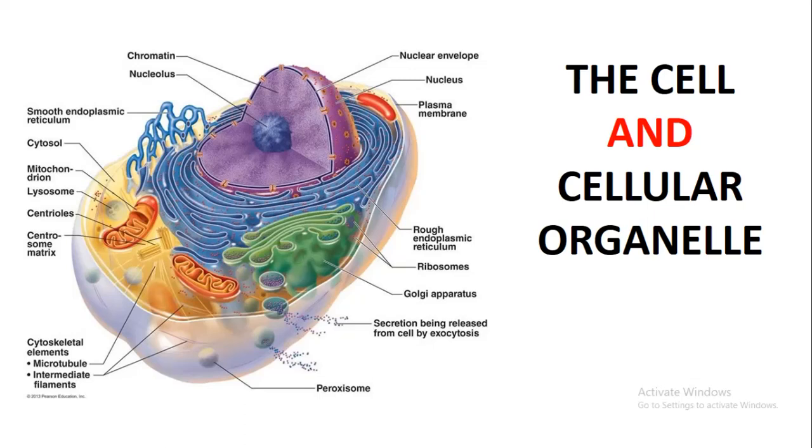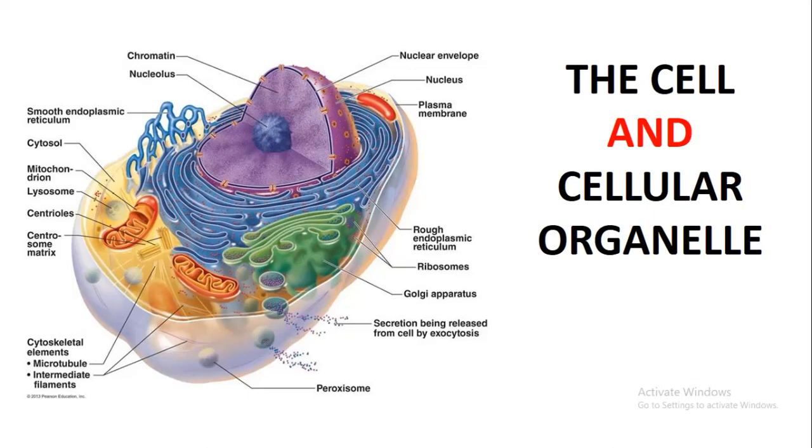For example, the mitochondria, which is also known as the powerhouse, is responsible for the respiratory process. The nucleus, which is the governing body of a cell, has the major function of governing all activities in the cell and also storing genetic materials such as DNA.